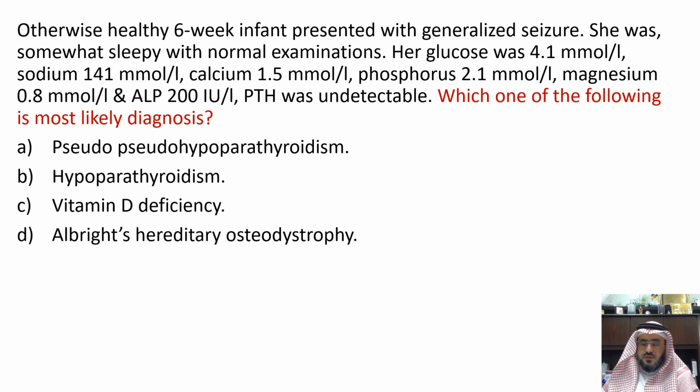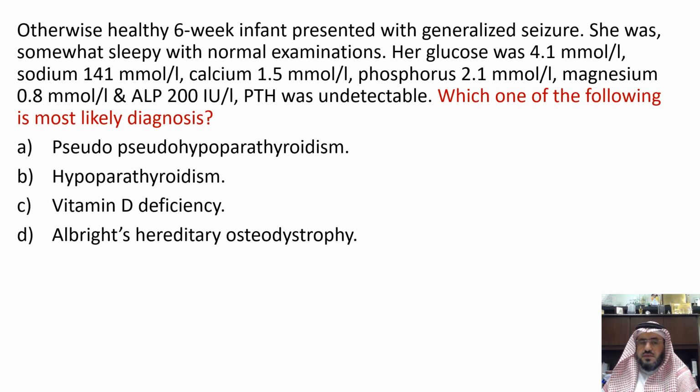So here 200 is not high, it's a physiologically normal level for a 6-week-old infant. Parathyroid hormone was undetectable. So here we have hypocalcemia due to low parathyroid hormone. So the diagnosis is hypoparathyroidism.